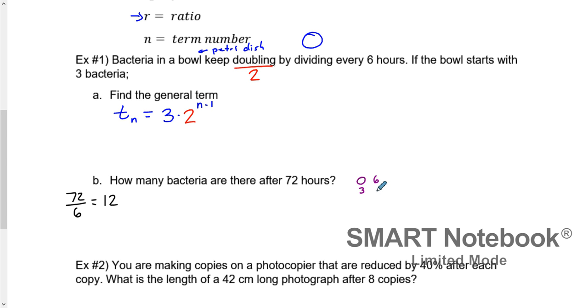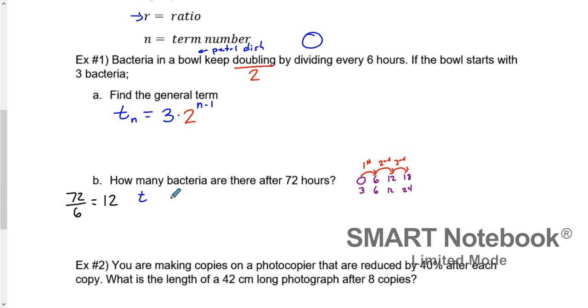At time 6, at 6 hours, it would have 6 bacteria. At time 12, it would be 12. At 18, it would be 24. So the first chance for doubling, it has doubled. After another 6 hours, that's the second doubling, and then the third. So we have to apply a little bit of logic when we plug our stuff into our calculator.